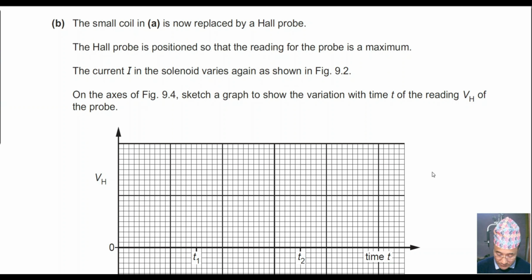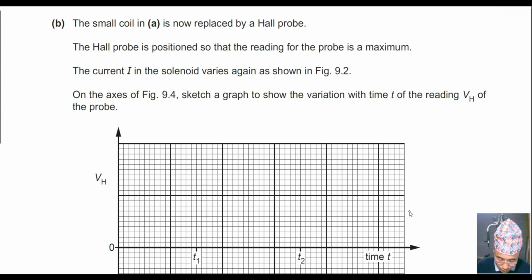So what we have is VH is equal to BI by NQT.